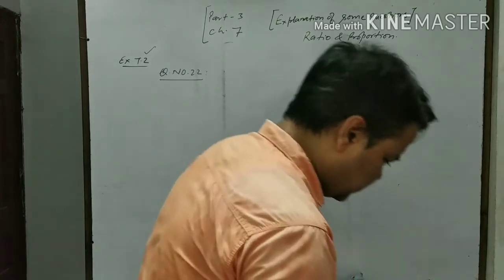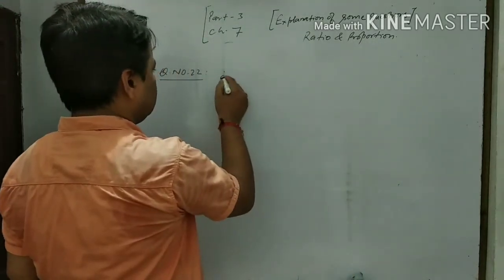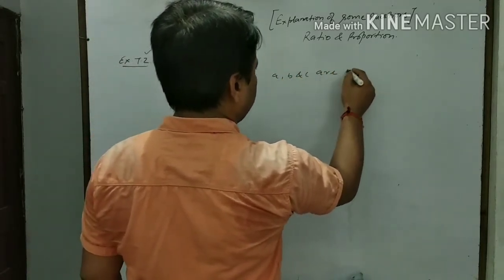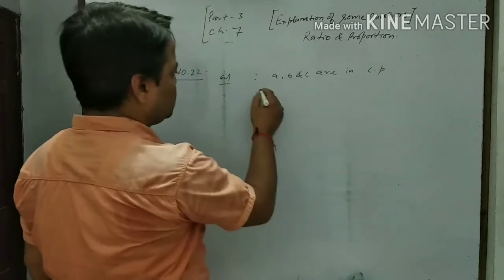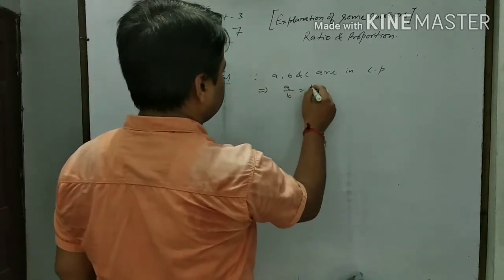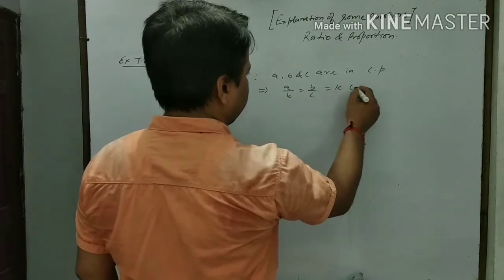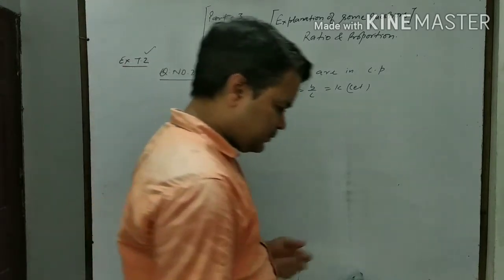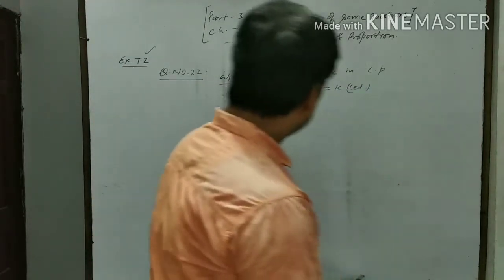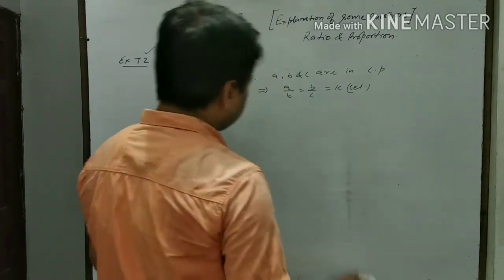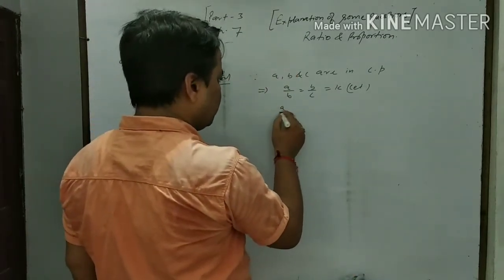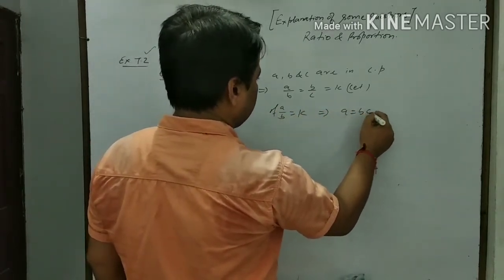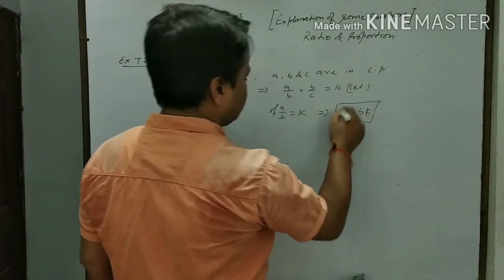If A, B, C are in continued proportion, so here is the solution. Since A, B and C are in continued proportion, A by B is equal to B by C is equal to k. Just let it be k. If A by B is equal to k, then A is equal to Bk.